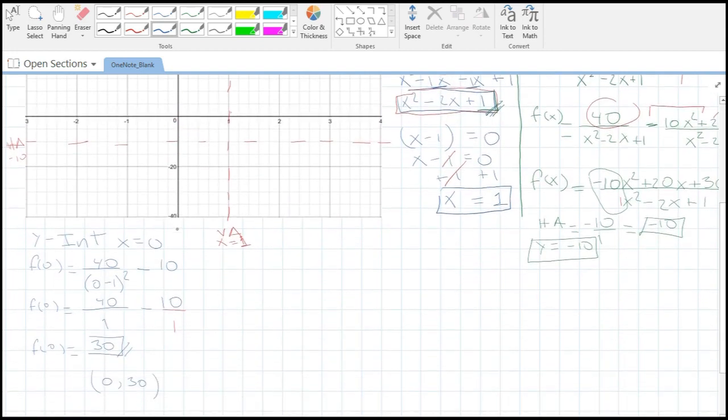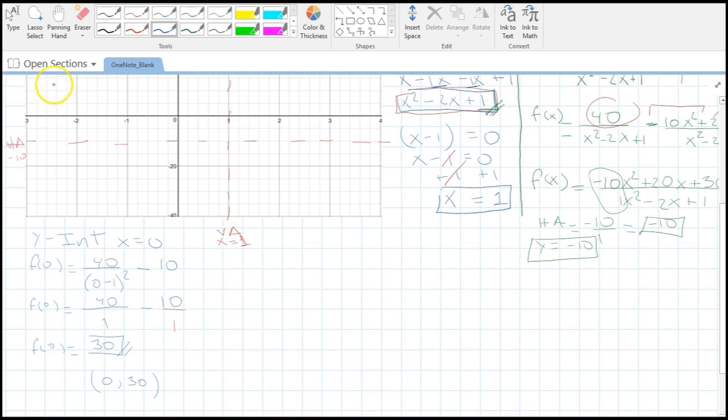Now we are going to look for our x-intercept. We have more than one. In order to do that, we need to set y equal to 0. So now we're going to have 0 for y. We're going to use the extended form, not the factor form, that we worked out already.